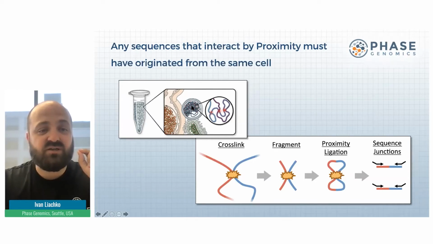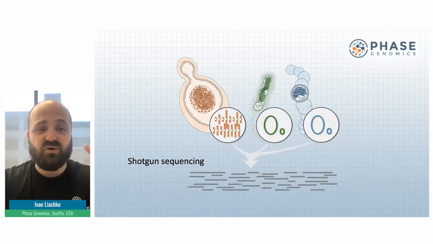We create these crosslinks before the cells are broken. So they're happening inside of cells. So if two things are cross-linked together, they must have been inside the same cell at the beginning of an experiment.